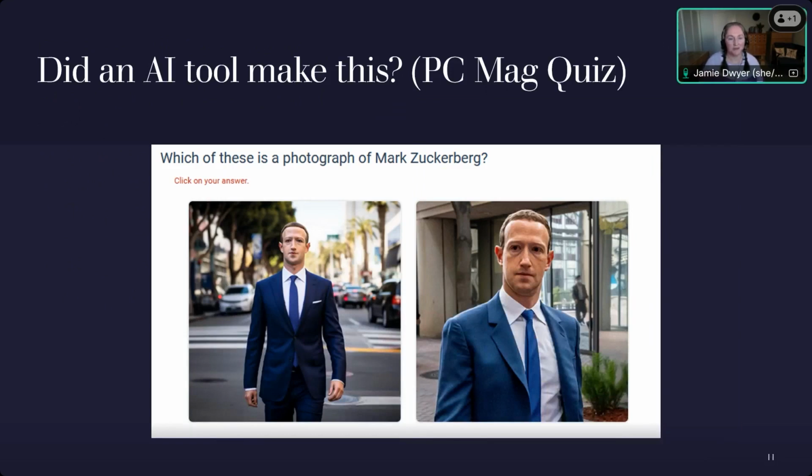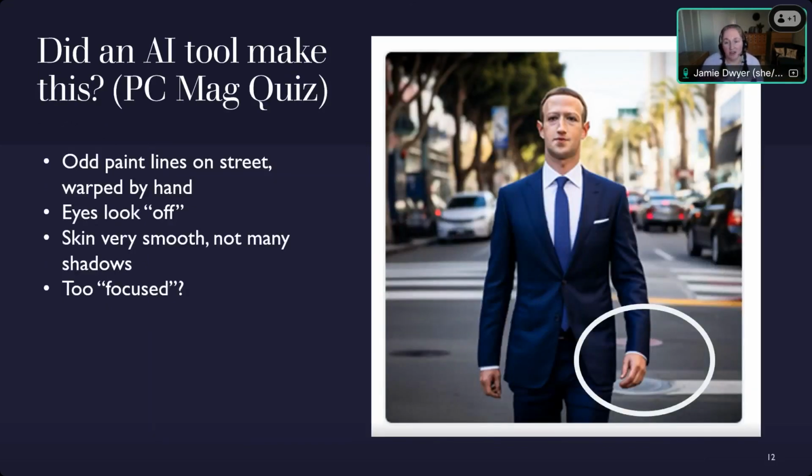Again, pause if you want to look through this more closely. One of these is a photograph of Mark Zuckerberg. The other is AI generated. Here's the AI generated one. This one I feel like was a little trickier because at first I wanted to look at the ears and then the ears kind of matched across the two photos, right?